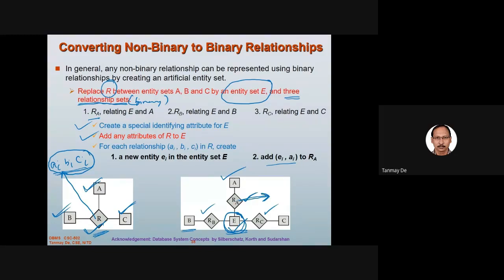The relationship is ei, the entity from the entity set E, and ai. Similarly, add here ei and bi, and here ei and ci.